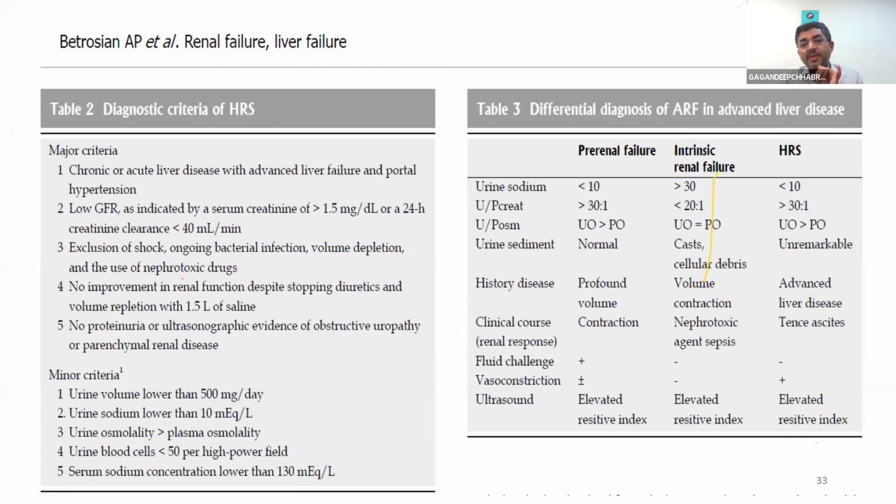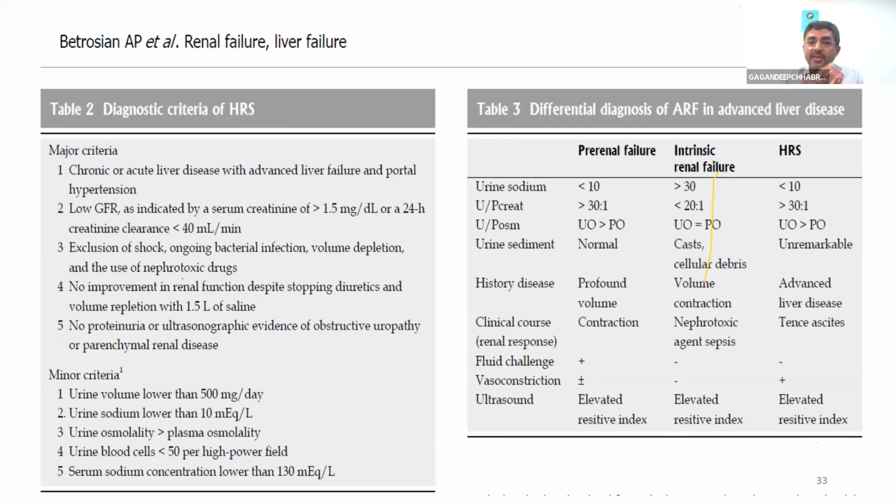Pre-renal failure presents with a normal urinary sediment, intrinsic renal failure presents with scanty cellular debris, and hepatorenal failure presents with an unremarkable urinary sediment. So what is more important is the urinary sediment, a good history of the disease, the clinical course to see the response to a fluid challenge, and an ultrasound to exclude other causes and to see the elevated resistive index.